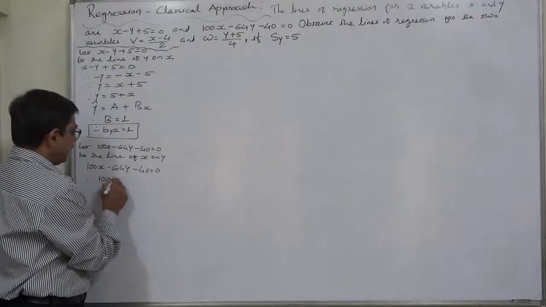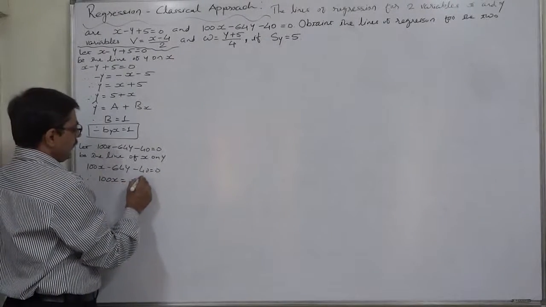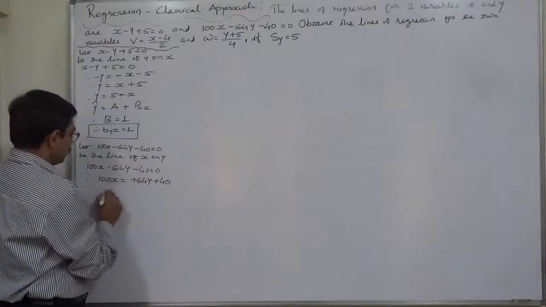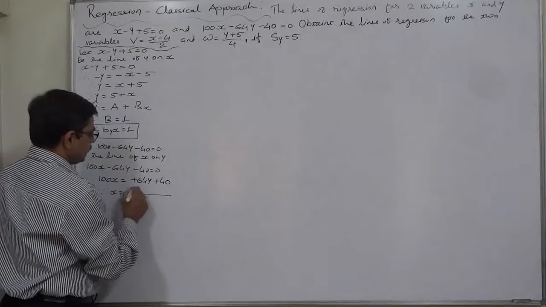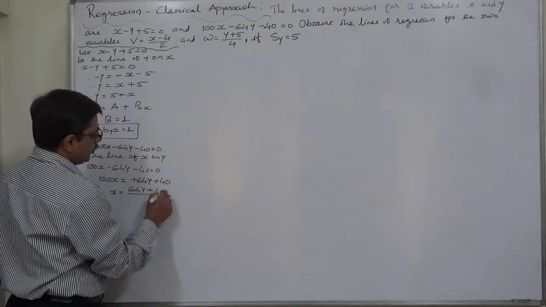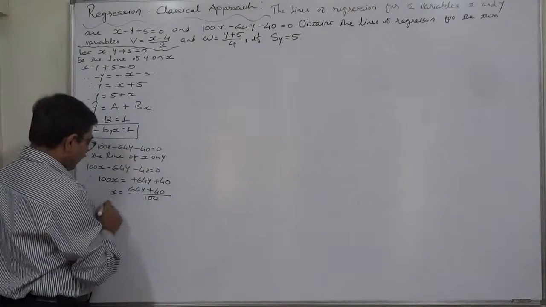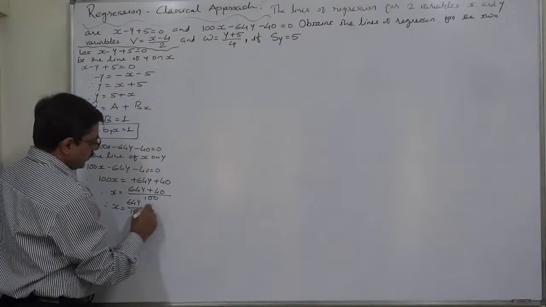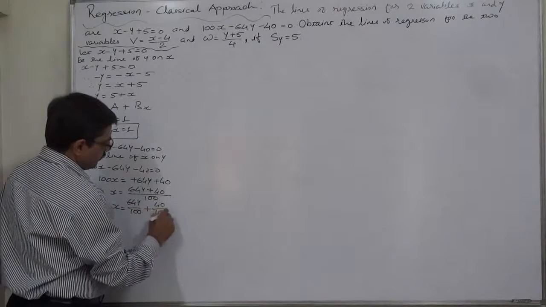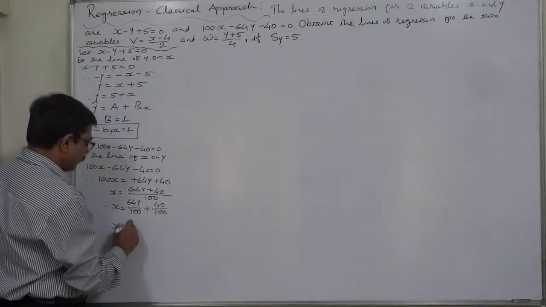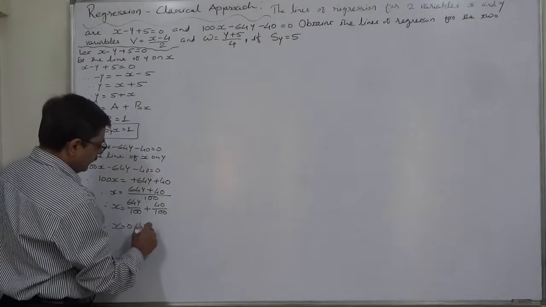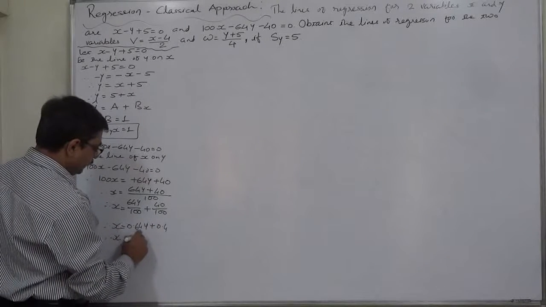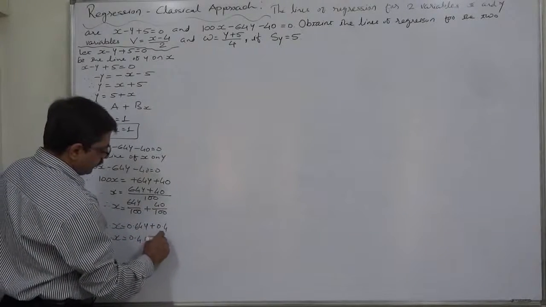So 100x equals 64y plus 40. So x equals (64y plus 40) upon 100. Further simplification, x equals 64y upon 100 plus 40 upon 100. Therefore, x equals 0.64y plus 0.4. Therefore, x equals 0.4 plus 0.64y.